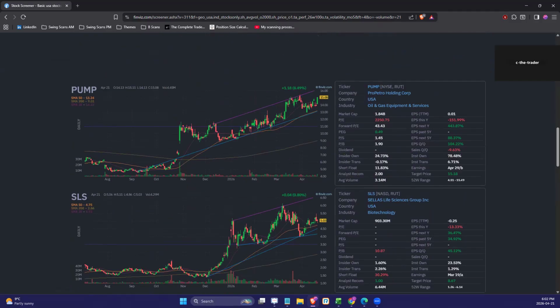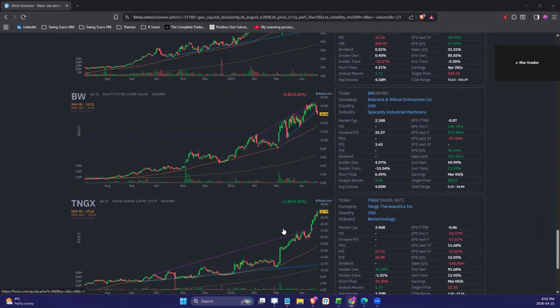Pump. That actually looks interesting. So some of these oil and gas names, actually that looks clean on TradingView. It got tightened up. That's interesting. Some of these oil and gas names, if the war continues, we'll see.